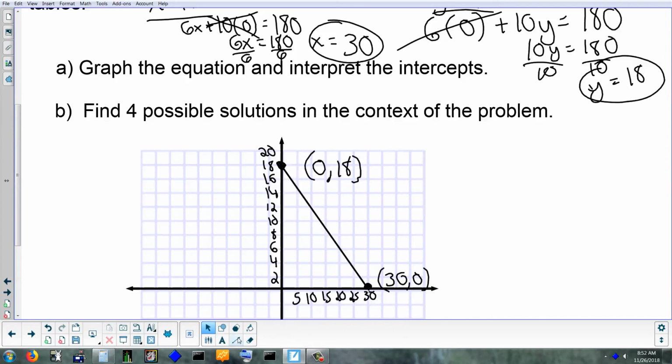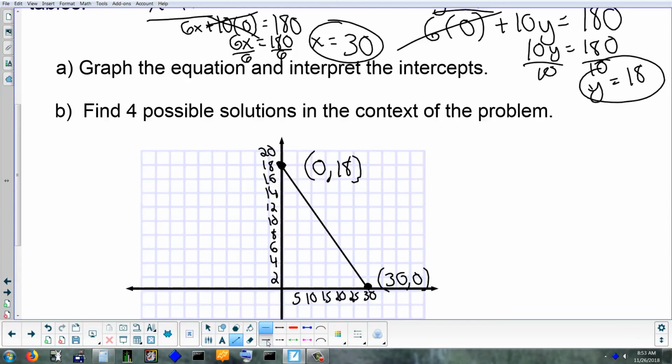All right? So again, graph the equation, interpret the intercepts. That's what we just did. We graphed it, and we put the 2 coordinates. Now, it says find 4 possible solutions in the context of the problem. So we still want to know what 0, 18 would mean. Allie? 0, 18 would mean y equals 18.